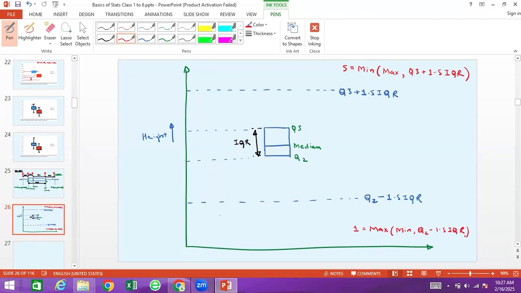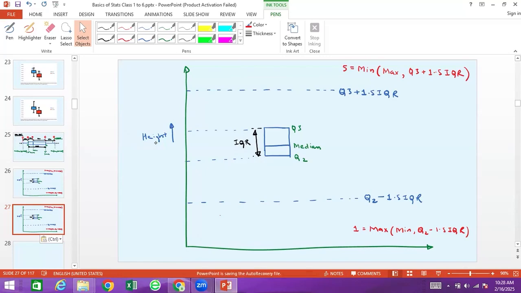Okay. Now I will discuss different scenarios. One scenario is that your max... Do we always have to define this value for our whisker whenever we are making a box plot, or it will do it naturally? It depends. Actually, different packages create your box plot differently.